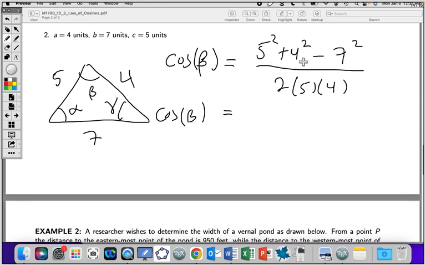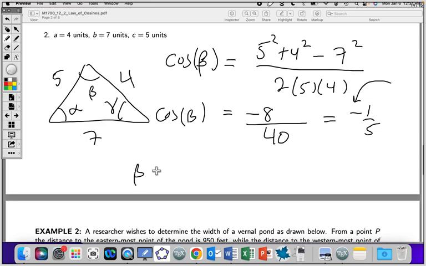So 25 plus 16 is 41, minus 49. So this is negative 8 over, what, 40? Which is minus 1/5.